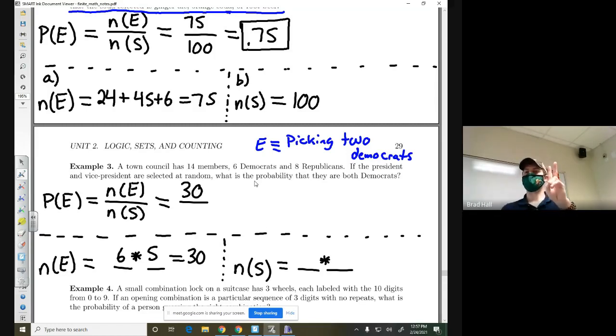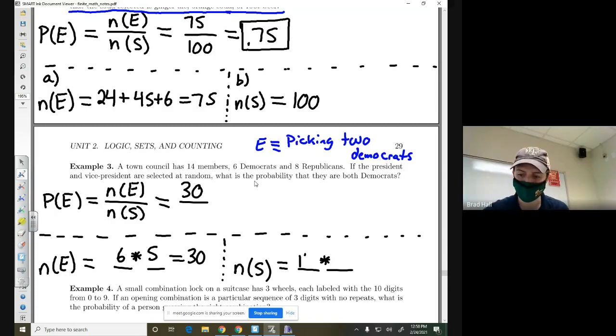And normally the number of dashes is going to be the same. Sometimes they might give you this number, but actually not in this context, never mind. Normally the number of dashes will be the same. And now we're not choosing from the 6 Democrats anymore. We're choosing from all 14 now. All 14, no restrictions at all.